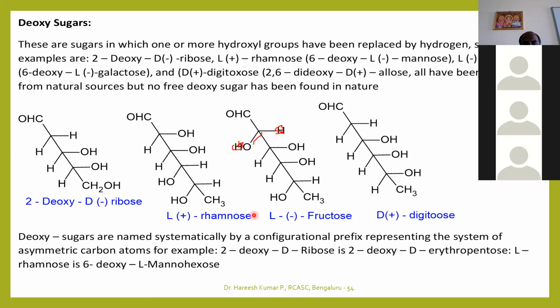So this is about the deoxy sugars. For example, if there is a question on deoxy sugars, you can mention all these points. These were the two questions pending in carbohydrate chemistry, and I have discussed them. Is it okay?